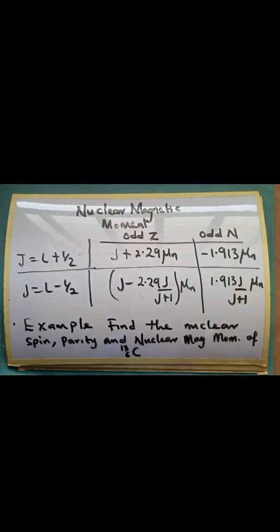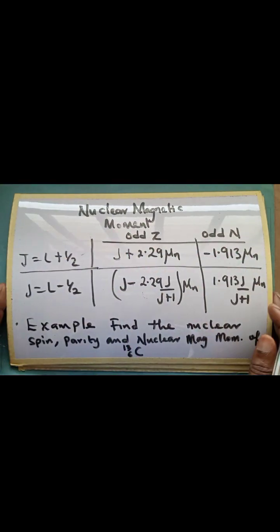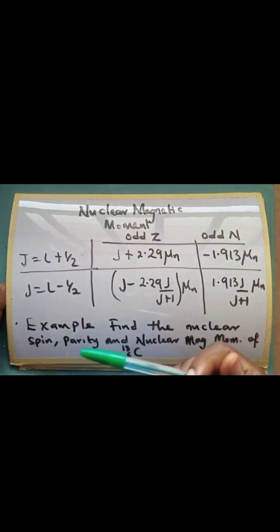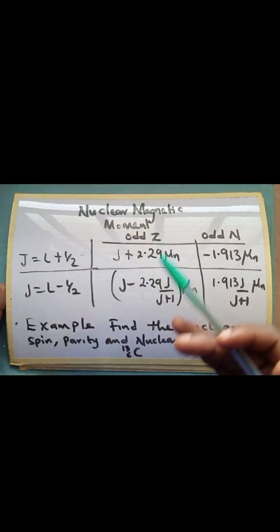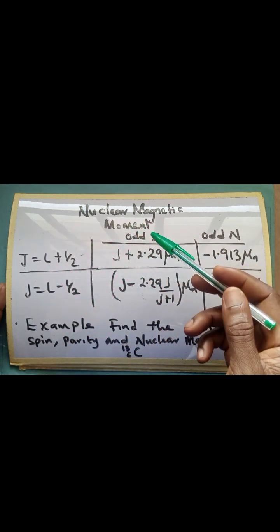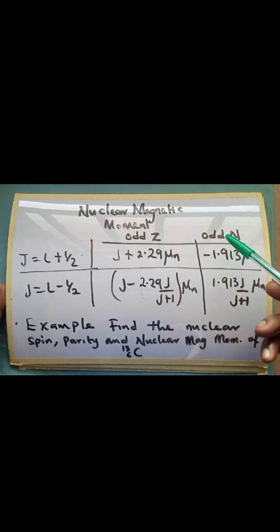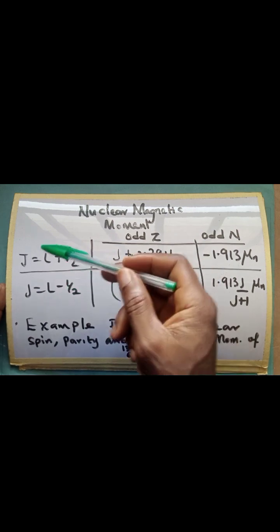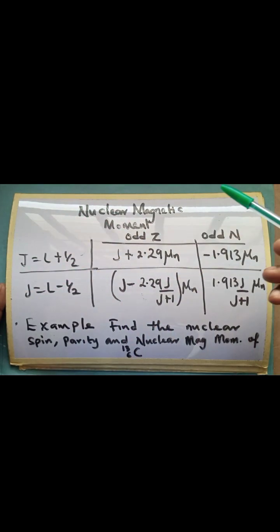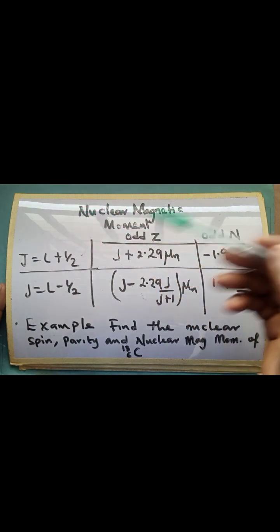To calculate the nuclear magnetic moment, we use this formula. After finding out if our Z is odd or the number of neutrons is odd, we need to carry out this calculation. We already know what our L is, which comes from s, p, d, f.